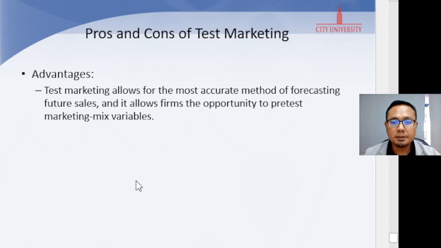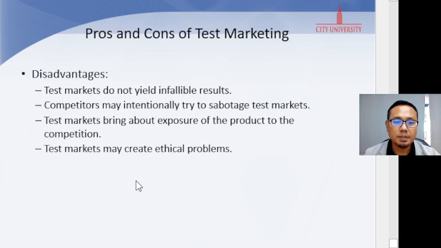Okay, this is again the example from test marketing, pros and cons.